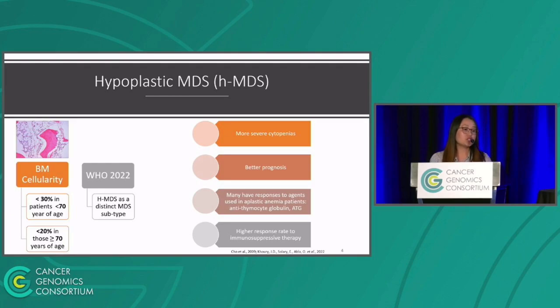These patients usually have more severe cytopenia, but a better prognosis when treated with agents used in aplastic anemia patients, such as anti-thymocyte globulin, and they have a higher response to immunosuppressive therapy.